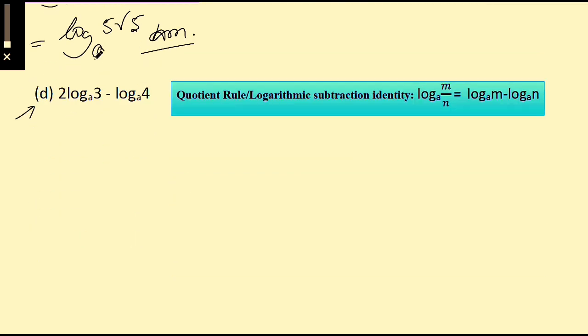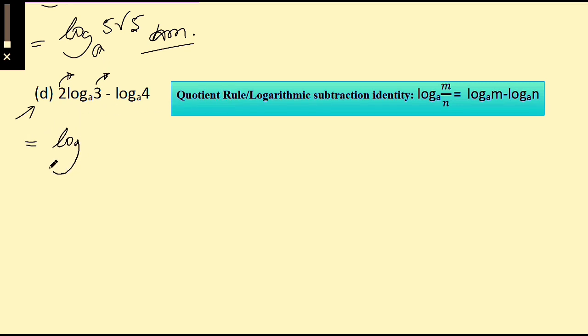Here question D, we have 2 times log 3 to the base of a minus log 4 to the base of a. First of all, we should remove this 2, then it will go to the power of 3. Without removing 2, we cannot apply the quotient or product rule.